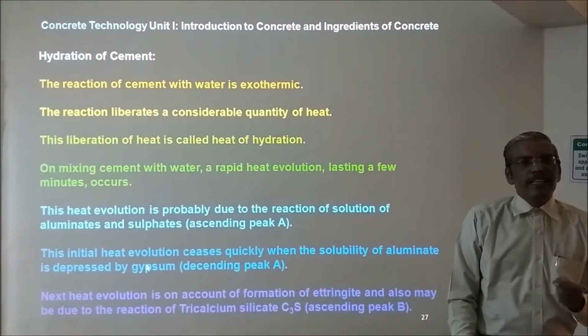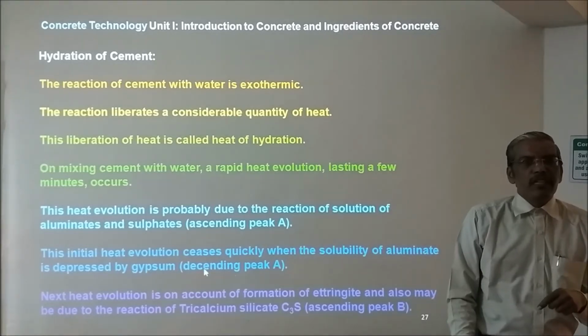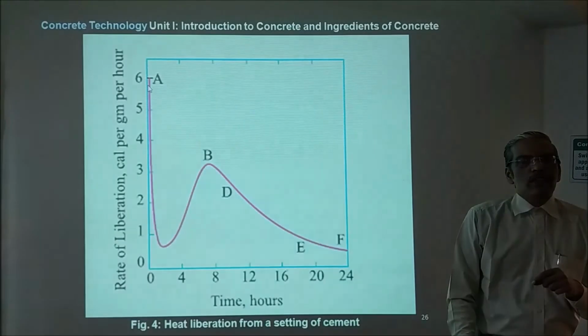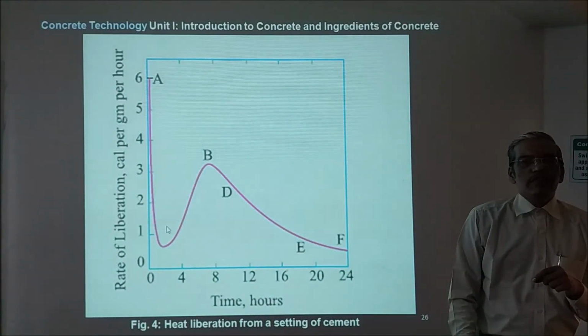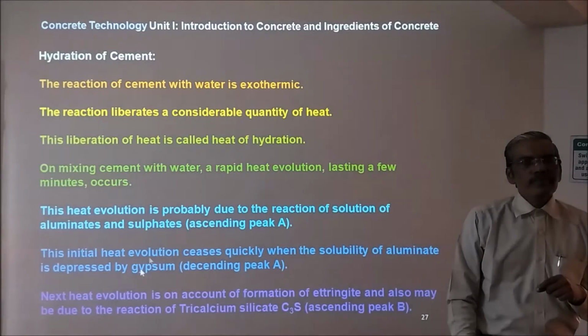This initial heat evolution ceases quickly when the solubility of aluminate is depressed by gypsum, the descending part of peak A. So whatever descent is there, this is because of the addition of the gypsum.